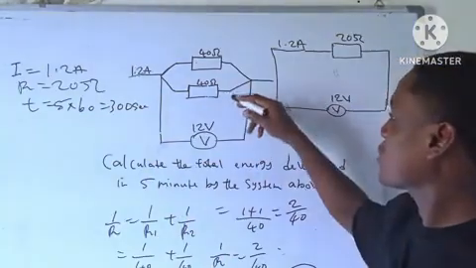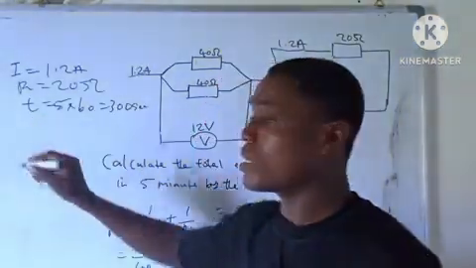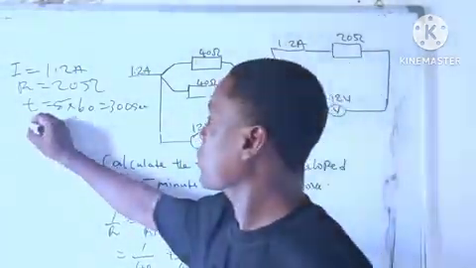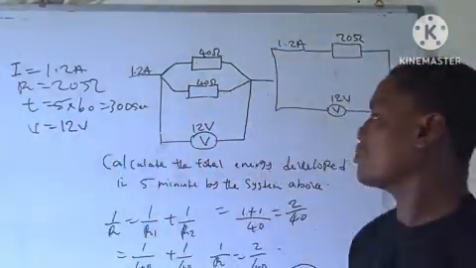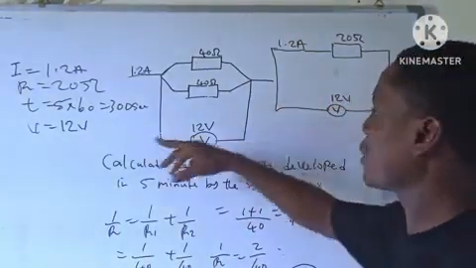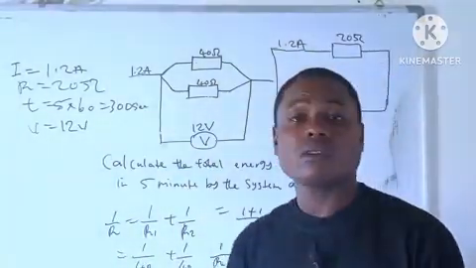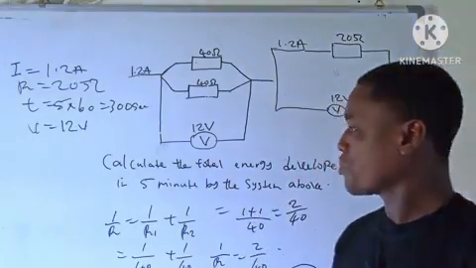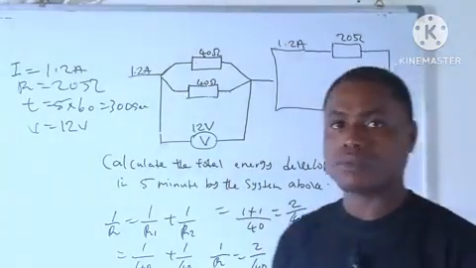Now the last thing is what? We are given volts, which is the potential difference, right? Let us write V equal to 12 volts. Okay. Are we done? I think we are done. Now from the formulas, they said calculate the total energy.